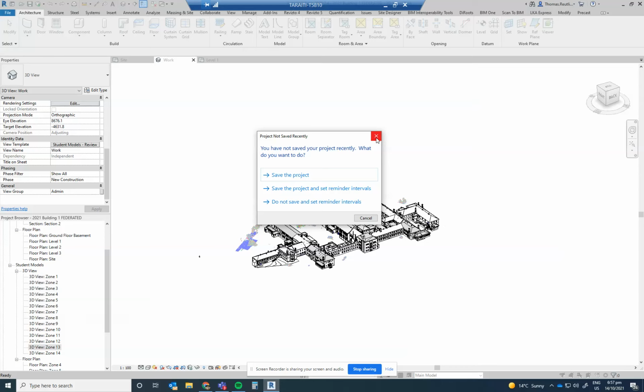Reflect on each: how you did it, what you learned, and the problems you faced, really to reflect on the theory and practice of modeling from point cloud.